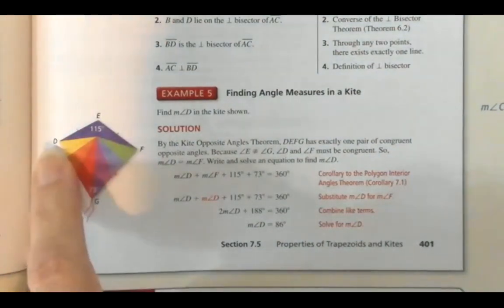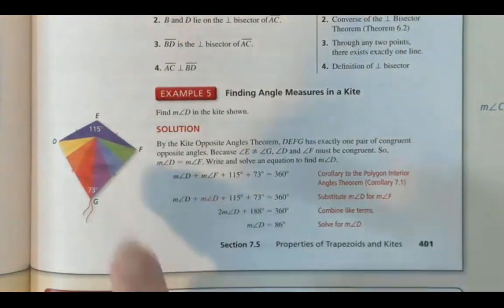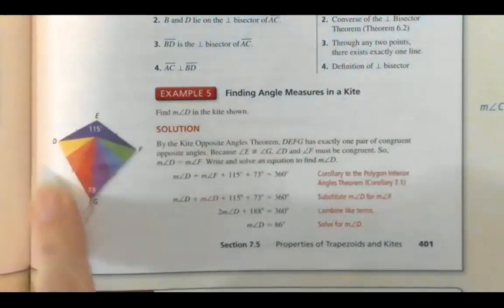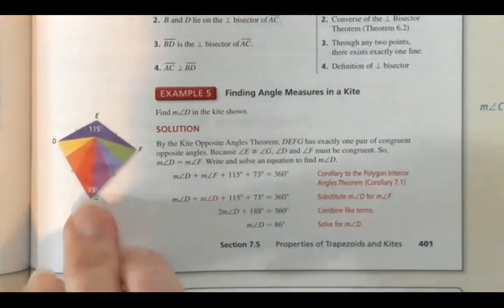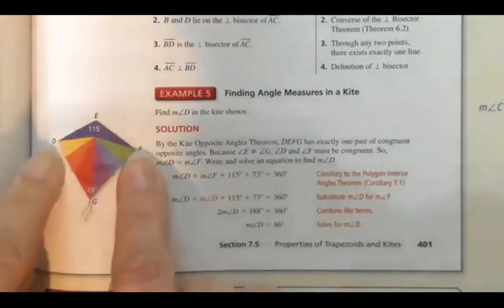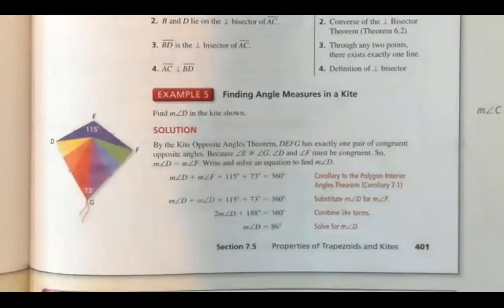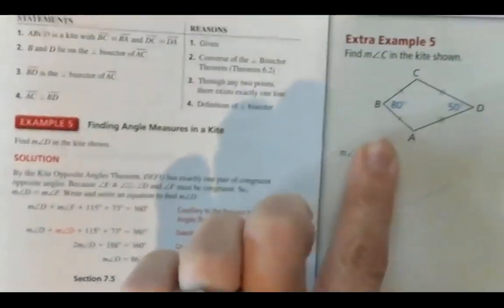So we know that D and F are going to be congruent, right? And this is a quadrilateral, so the whole thing is going to equal 360 degrees. So add up 73 and 115 and subtract it from 360. What you have left is going to be split equally between D and F, so just divide by 2.